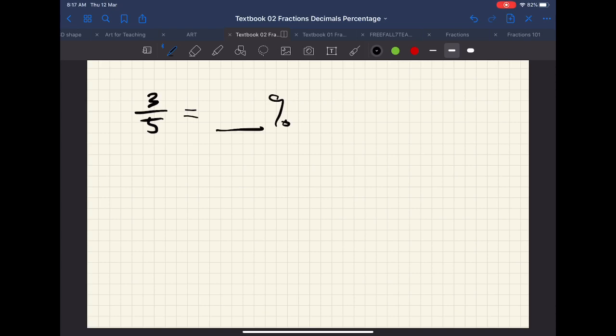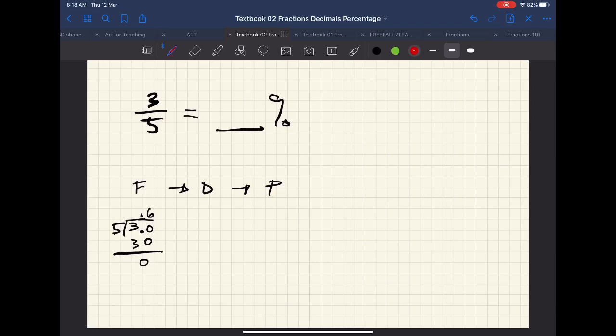You have to make 3/5 a decimal first. Okay? So, fractions to decimals to percentages. So we make this into a decimal first. 3 divided by 5. Put your decimal point there. 30 divided by 5 is 6. 6 times 5 is 30. Okay?